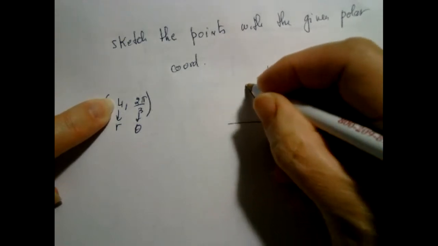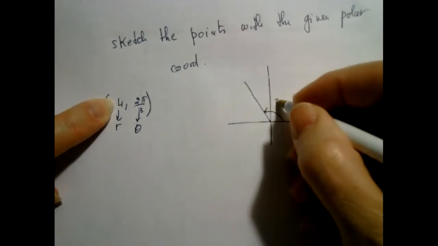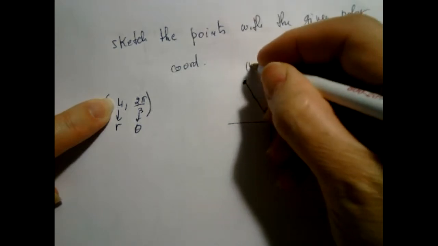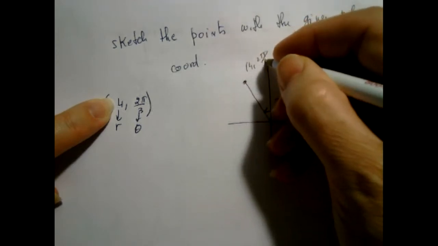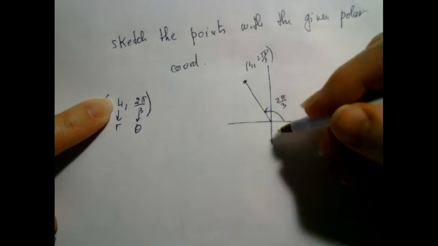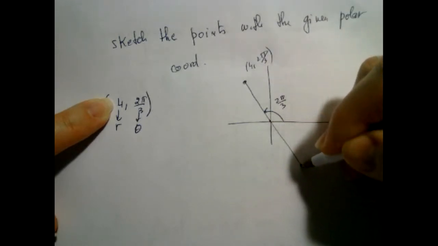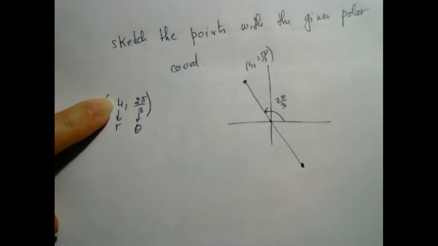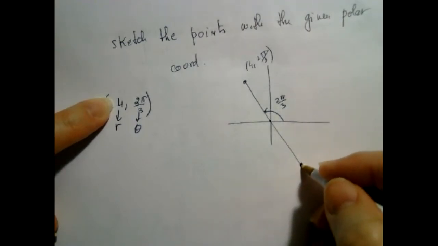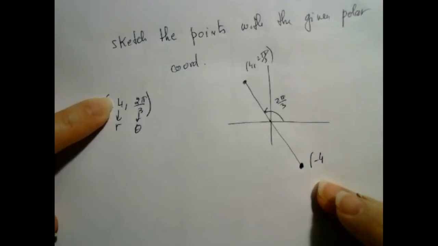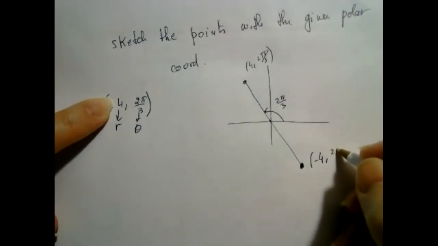So this is 2 pi over 3, and this is the 4, 2 pi over 3. That's the positive r. For the negative one, you take that and you draw the reflection with respect to the origin. This is the point. This one is the one with the negative r. That's the one I am after. Minus 4, 2 pi over 3.